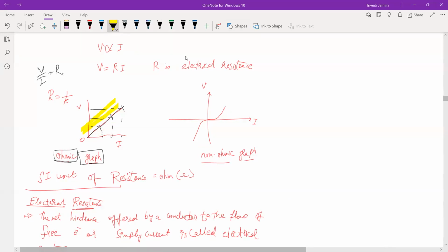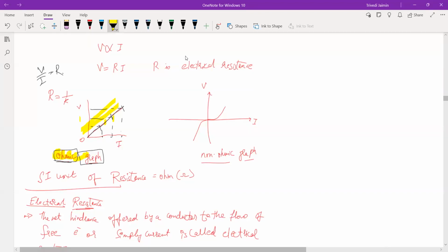In this graph, if you observe every point, whenever V is increasing, I is simultaneously increasing, and both are increasing in the same way. So this graph is called an ohmic graph.